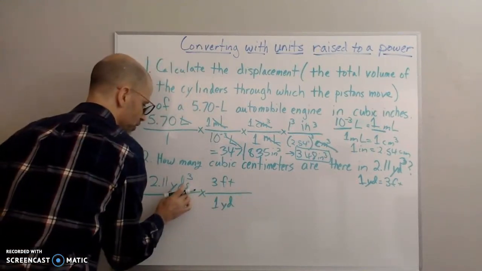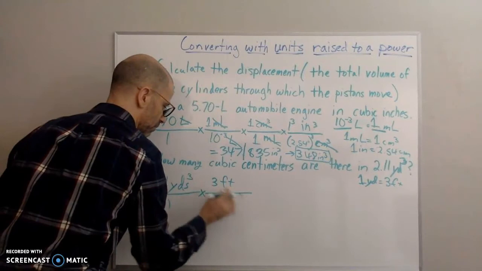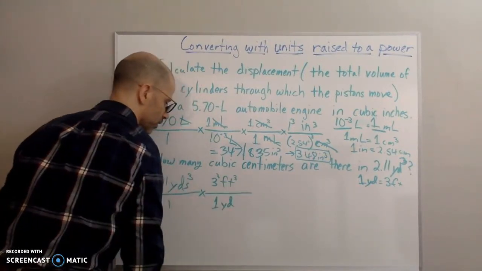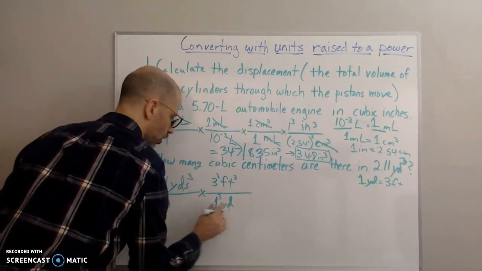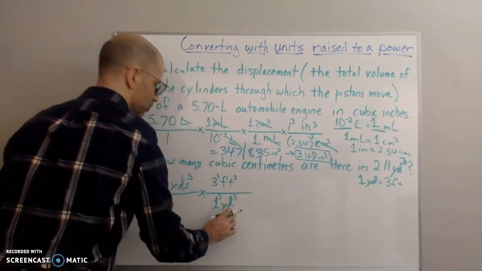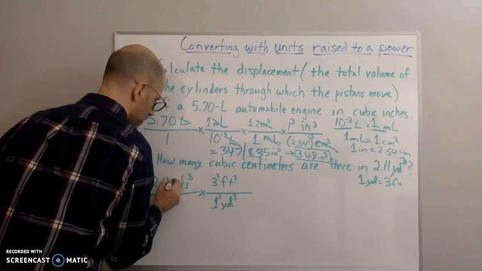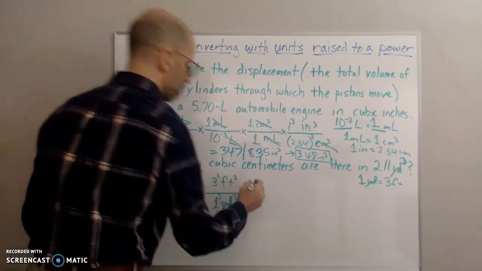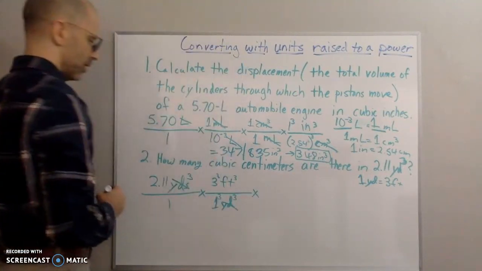Because I have cubed here, I need to cube everything to get my cubed units. So the 3 gets cubed, feet gets cubed, the 1 gets cubed, and yards gets cubed. Now I have my cubic yards, so cubic yards cancels out. Now I have feet cubed on the top.